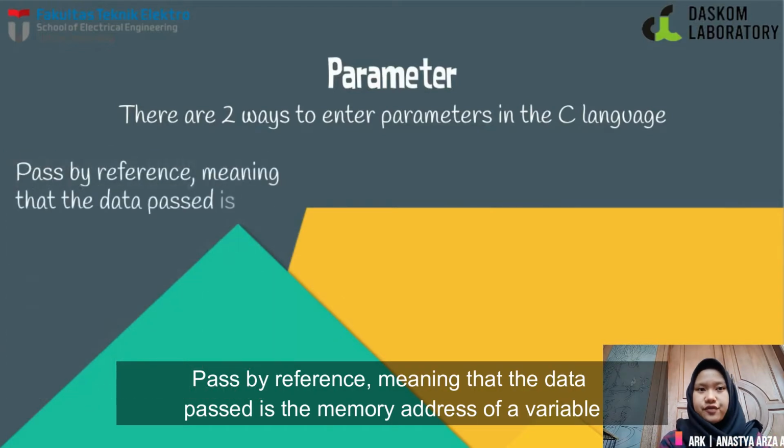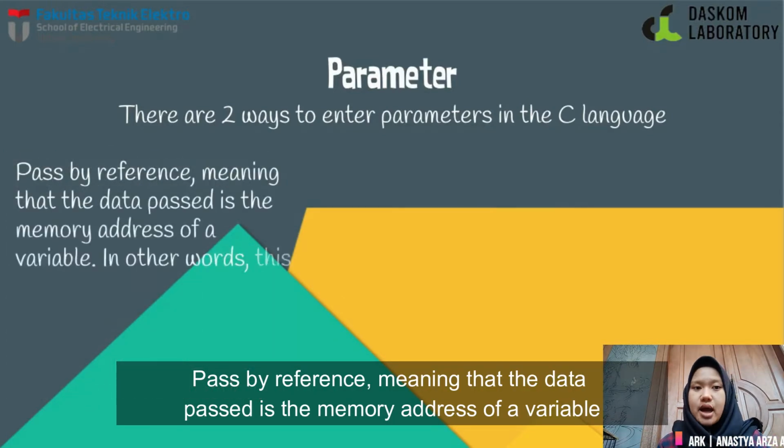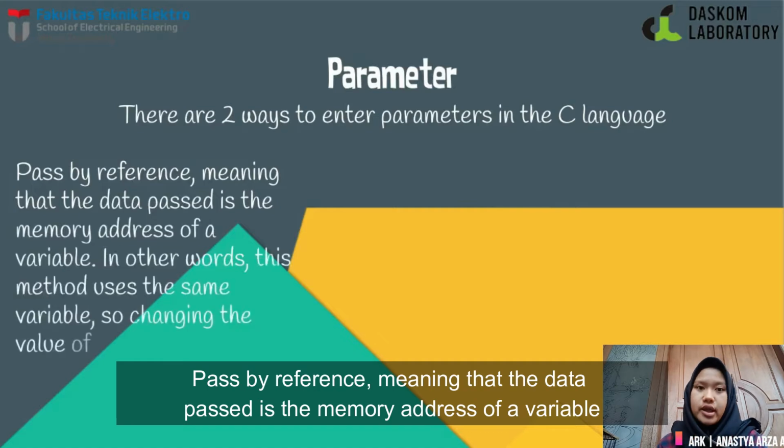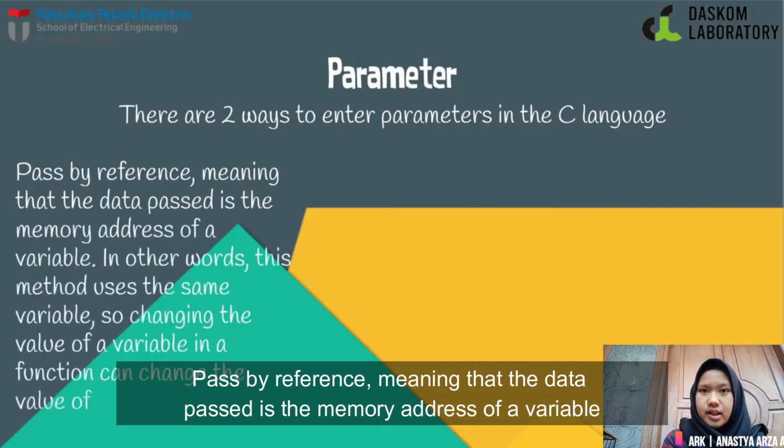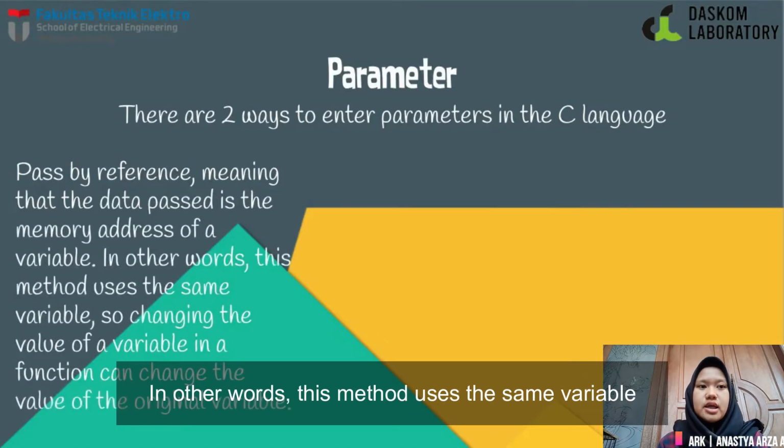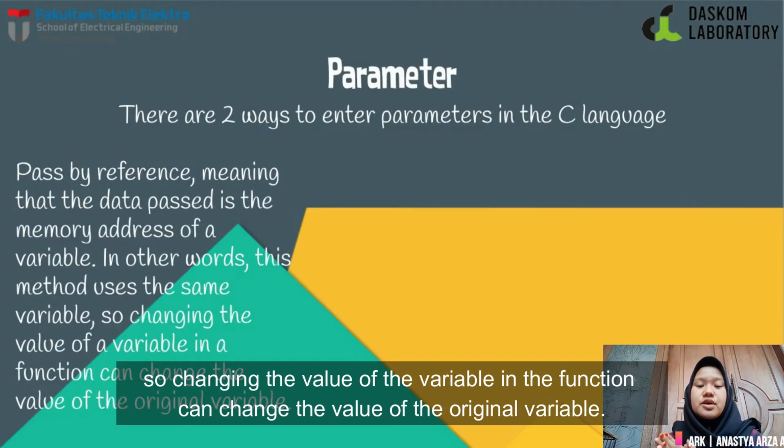Pass by reference, meaning that the data passed is the memory address of the variable. In other words, this method uses the same variable, so changing the value of the variable in the function can change the value of the original variable.